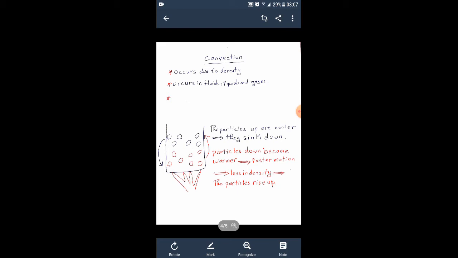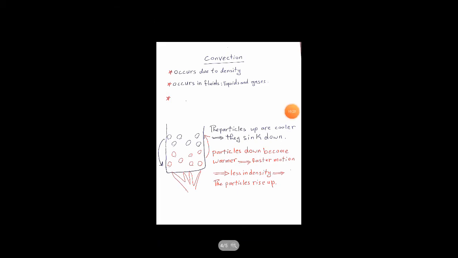The particles down become warmer, they will rise up, and again, until all the water becomes the same temperature, until all the water becomes warmer. Okay, this is about convection, and it can take place in the air.